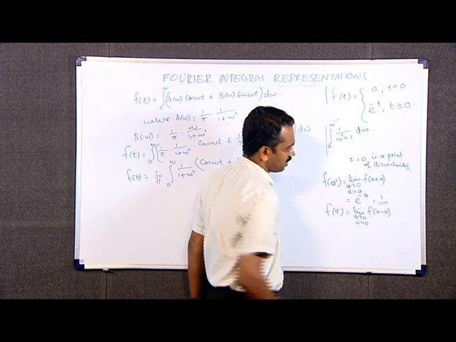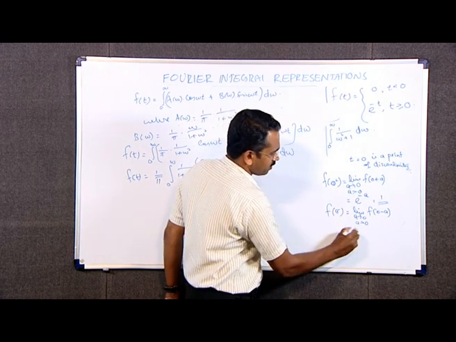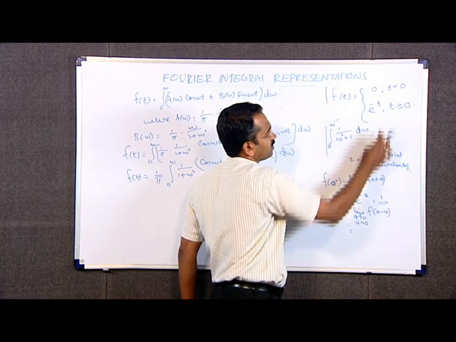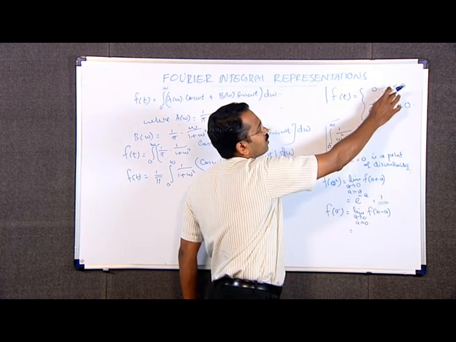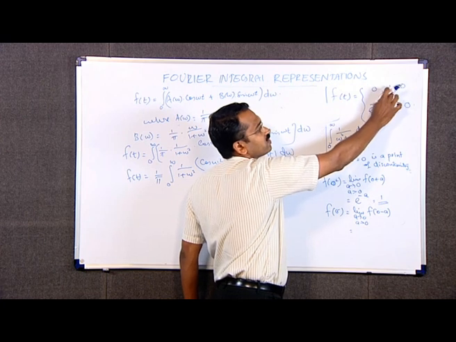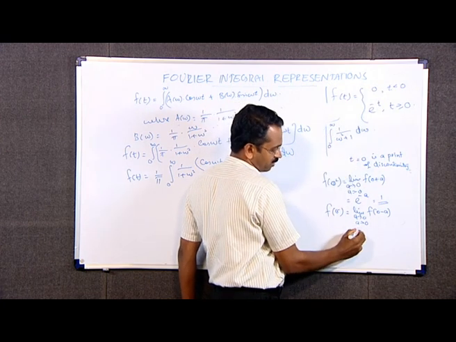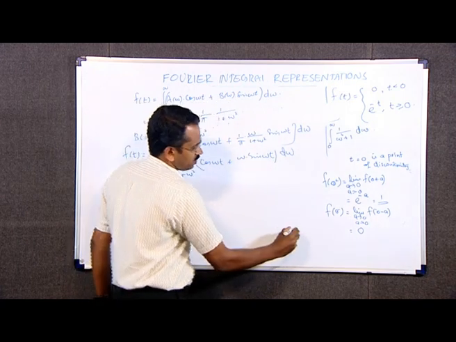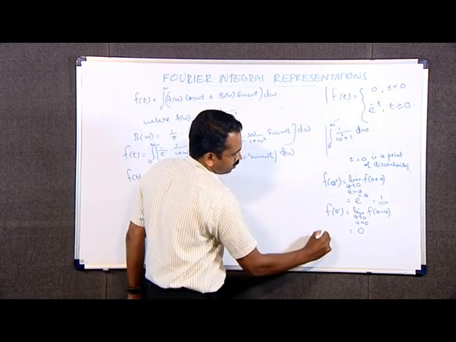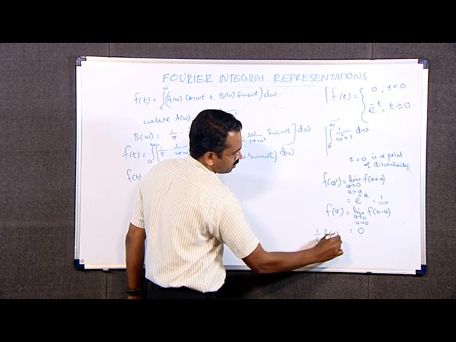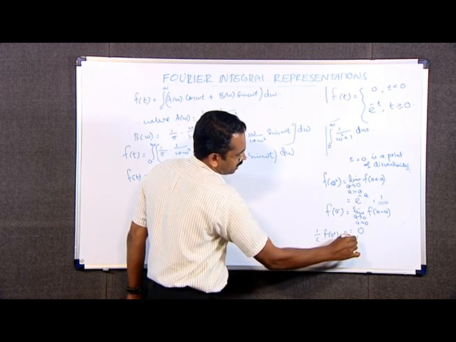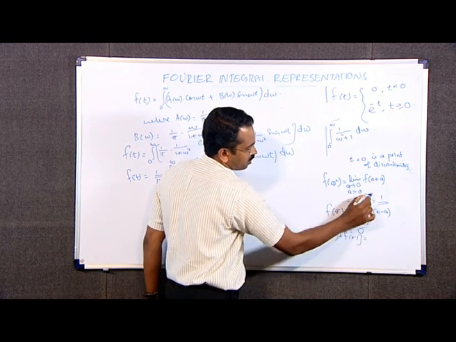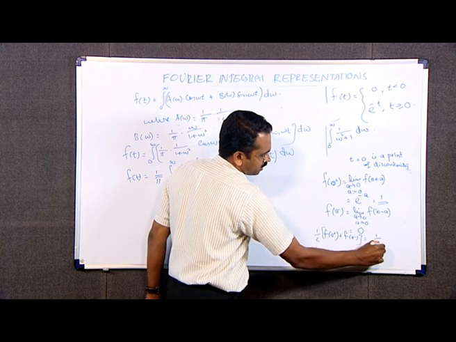Because minus a is negative, for all values t less than 0, f of t is defined as 0, therefore here it will become 0. The average is 1 by 2 into f of 0 plus plus f of 0 minus, which is equal to 0 plus 1, that is 1 divided by 2.